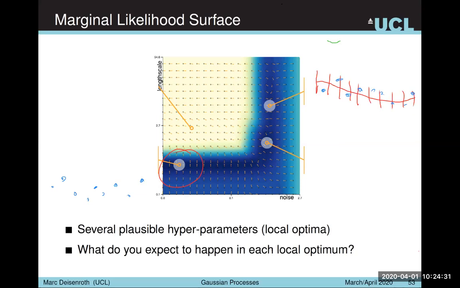So we have relatively little noise, we have a relatively short length scale. What do you think the corresponding GP would look like? We're going to have a more flexible GP, so we have more complexity or more flexibility. Yes, that is correct, because the length scale is short, right? So what would you expect the GP to look like here?